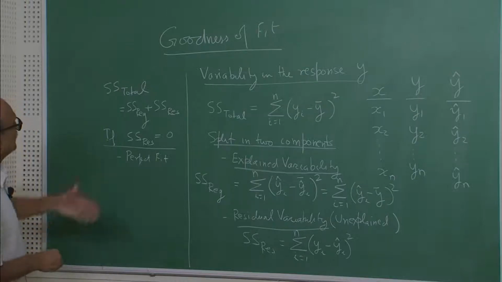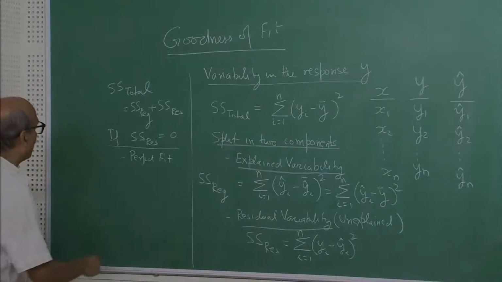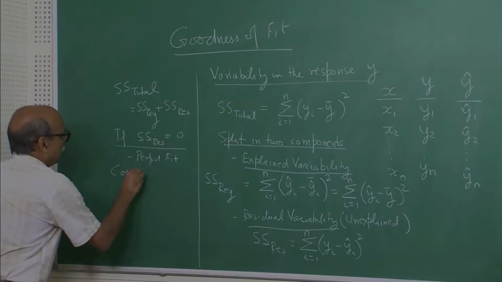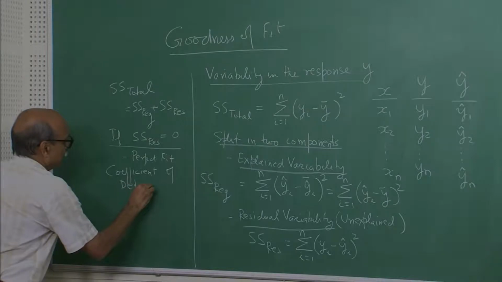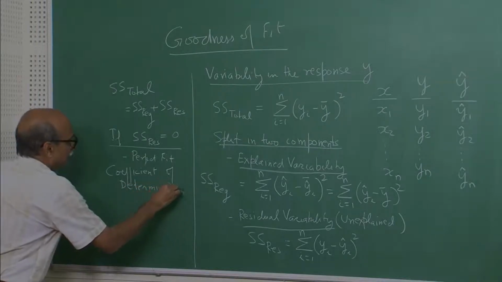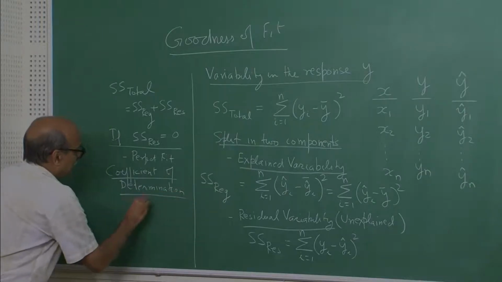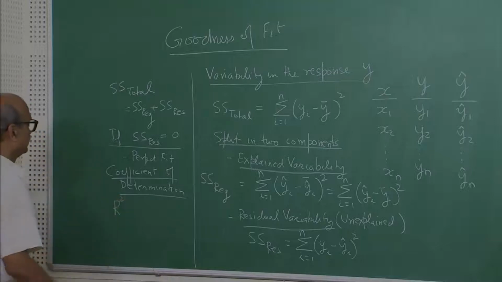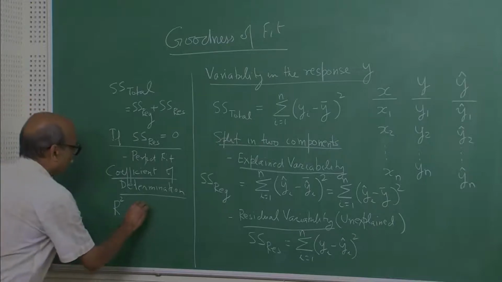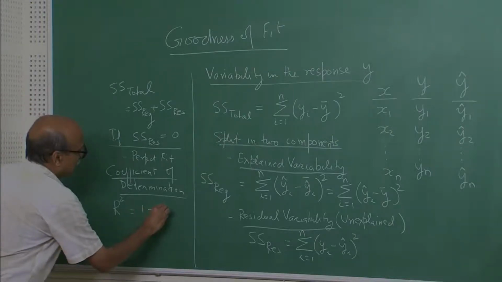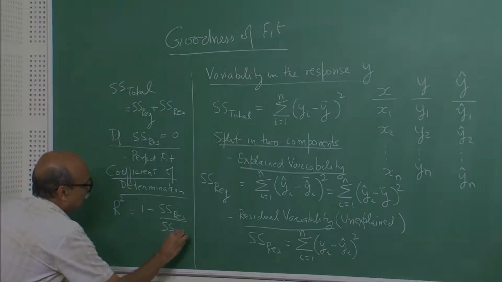Now, this gives us a handle to define a goodness of fit, which is also called the coefficient of determination, called R square, and this is defined as follows: R square is equal to 1 minus SS residual divided by SS total.